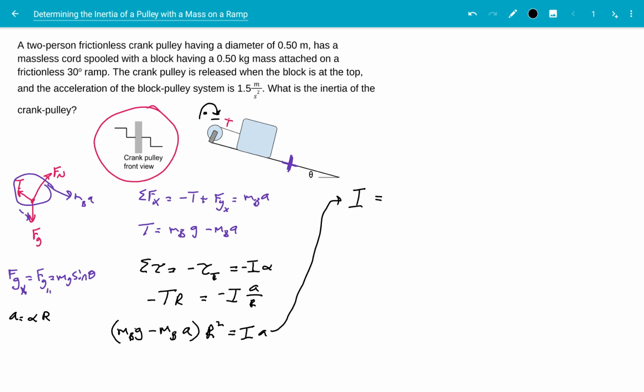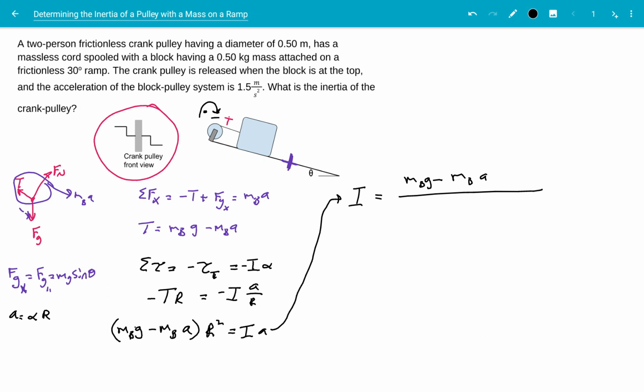Restate: the inertia will be the mass of the block times g minus its acceleration, times r squared over a.